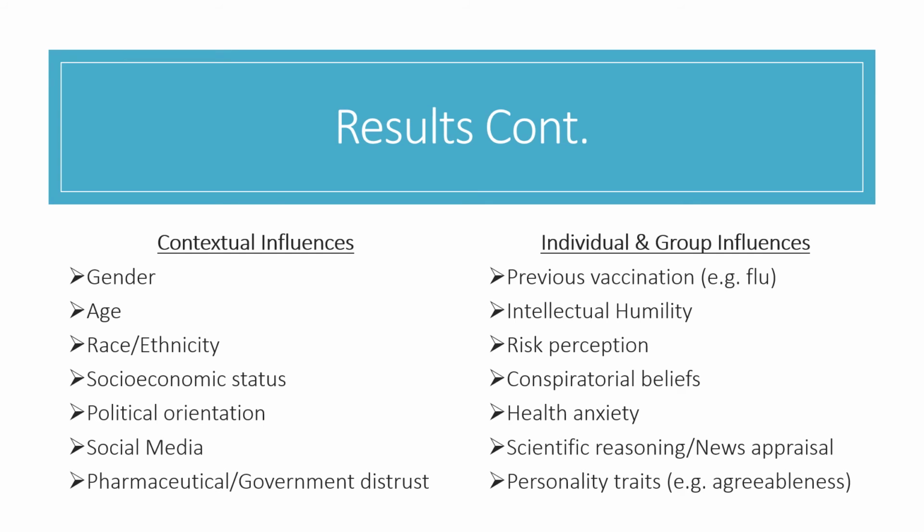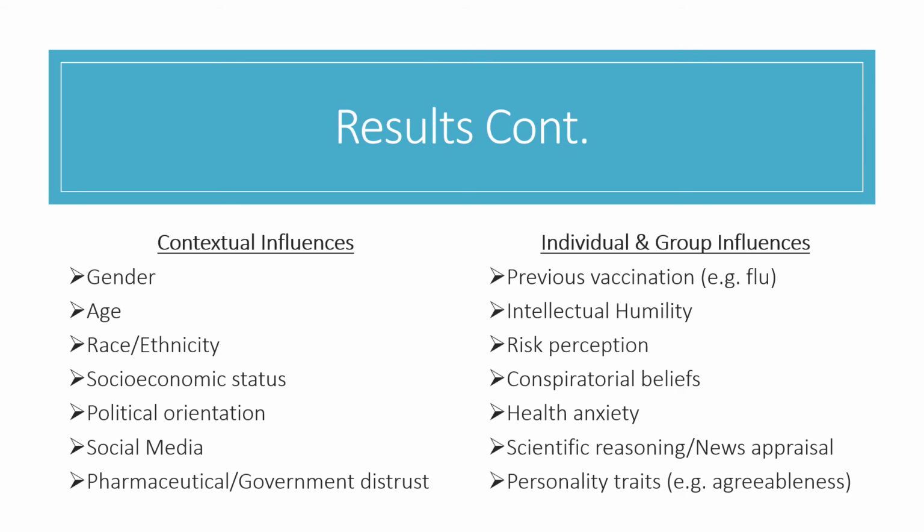And so moving on into individual and group influences, so this is more of social psychological factors. Previous vaccination history, specifically individuals that received a flu vaccine, were more likely to receive a COVID vaccine.